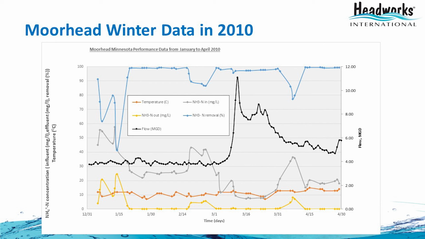And the temperature, shown in red, is very low, typically as low as 5 degrees C. And when we have a sudden increase in flow, drop in temperature, and increase in ammonia concentration, the effluent ammonia, the yellow line at the bottom, is fairly constant. So it's a very stable process, can handle high variations in temperature, as well as flows and loads without displacing the biofilm.